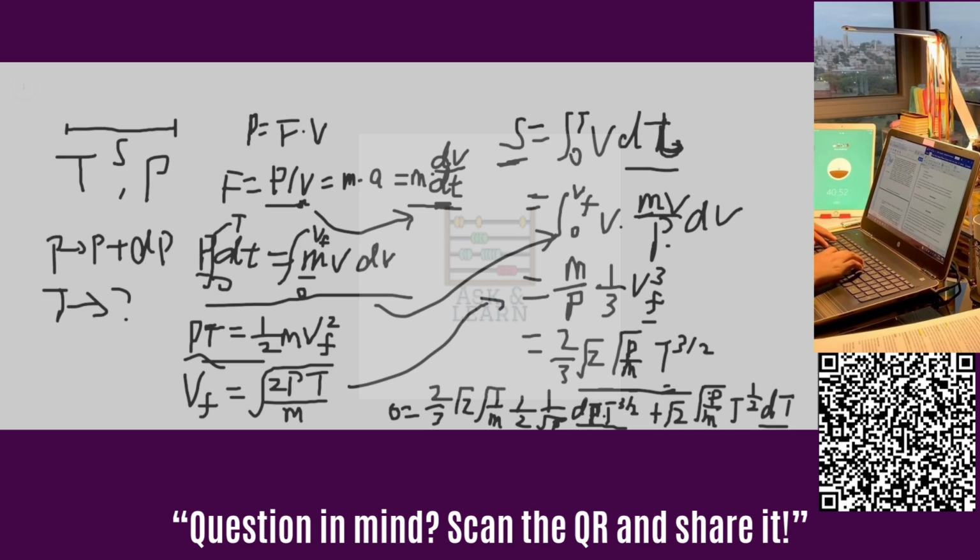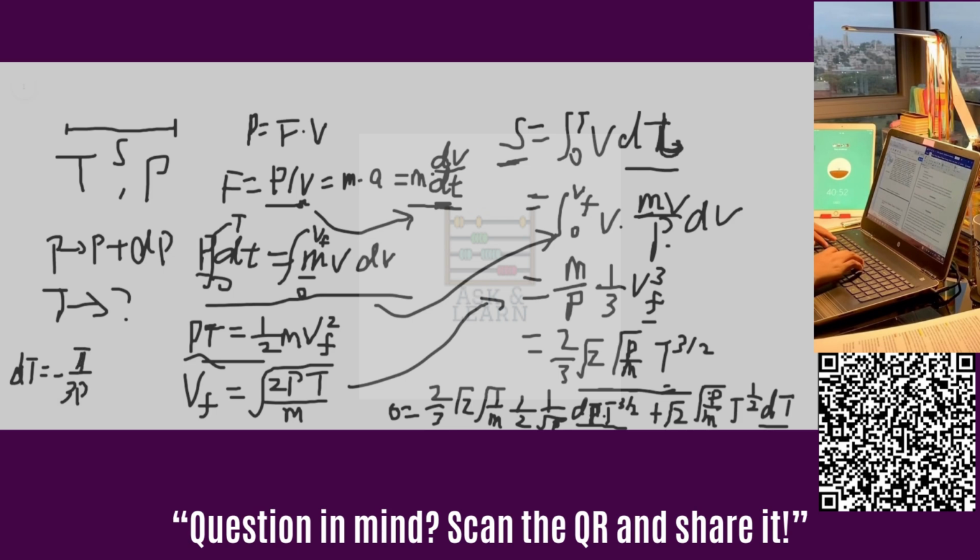Okay, so this is a long expression, but we can already find the final solution based on this relation, because if you look at this expression, we have dP in this term and we have dt in this term. So basically, we can solve for dt in terms of dP. Okay.